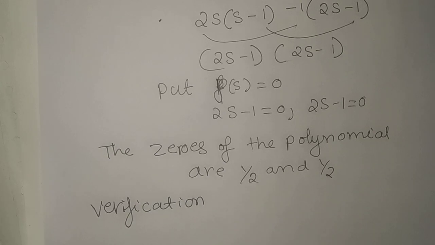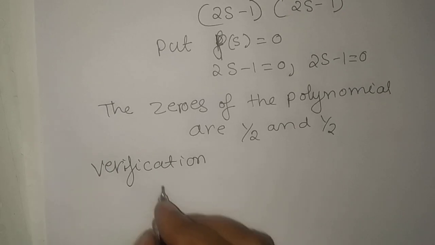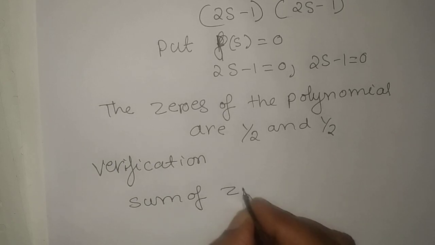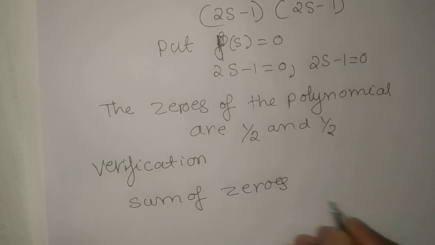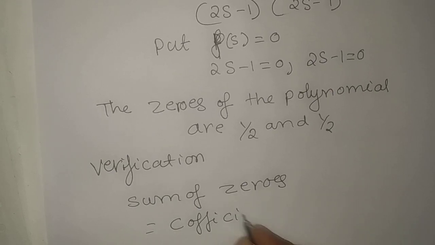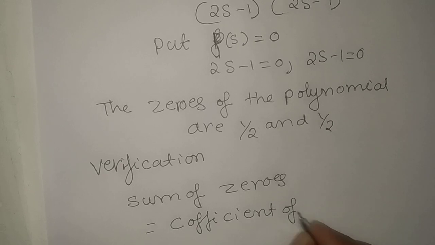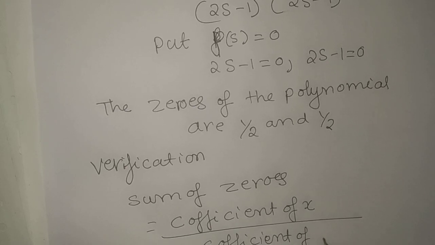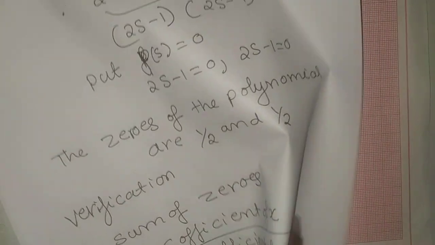Sum of zeros is equal to minus coefficient of x by coefficient of x square. What is the formula? Now substitute the values. What is the equation?